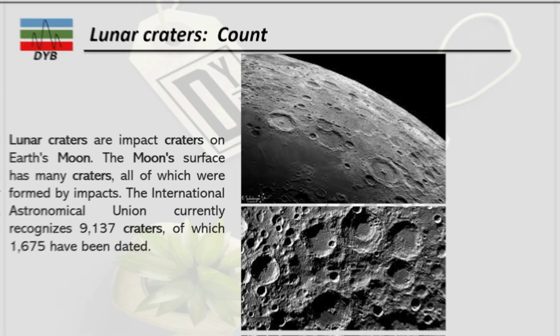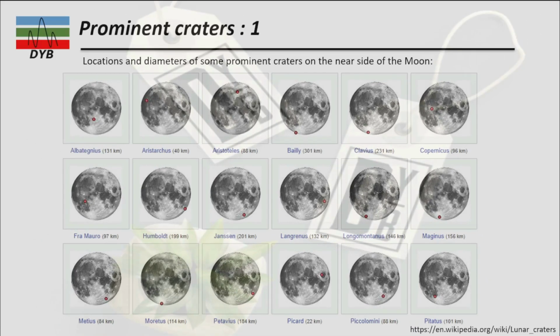So I'm going to show some examples. These are prominent craters on the surface of the moon. I'm not going to call out each and every crater name, but just to look at the summary here, it is from Wikipedia. The red dot shows the placement of these craters, and in the parentheses, you can see the size of these craters.